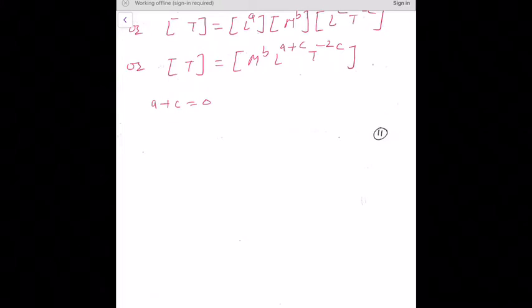On the right hand side L to the power a plus c, but on the left hand side there is no L, so 0.